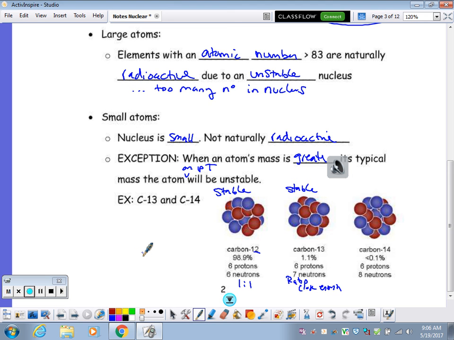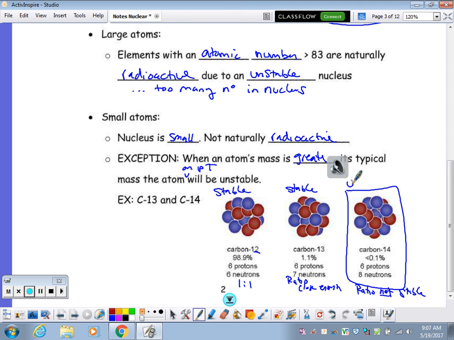However, you remember from your earth science days that when the carbon-14 isotope is formed, it makes up less than 0.1% of the carbon isotopes. The ratio of 6 protons to 8 neutrons is too far off of that belt of stability. So the ratio is not a stable ratio.